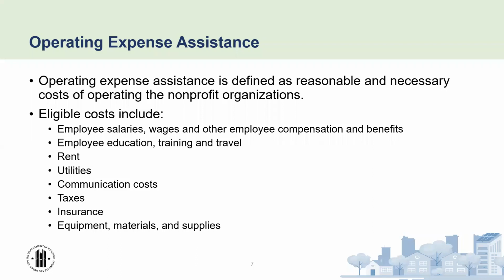So now if you look at this list of eligible costs that I've just outlined, you'll notice that these costs are related to running an organization and not the costs of developing units or providing specific services from ARP activities. Next slide.